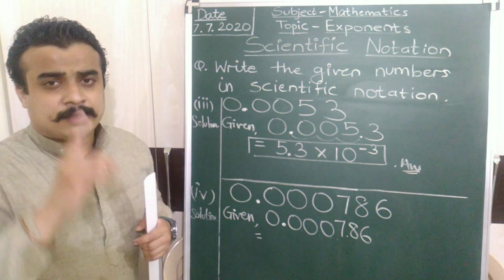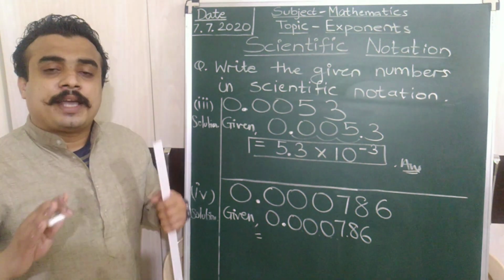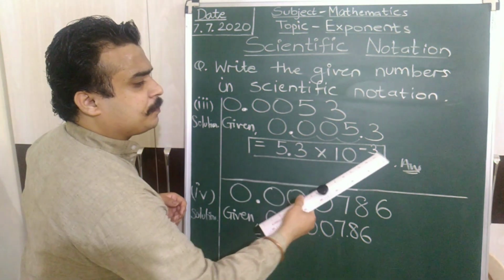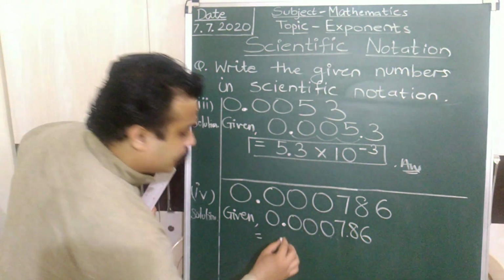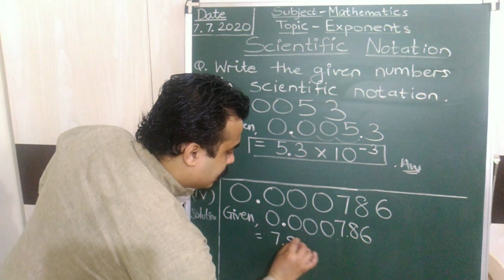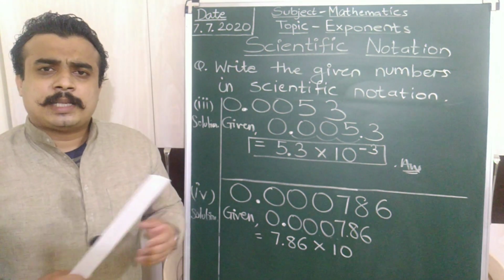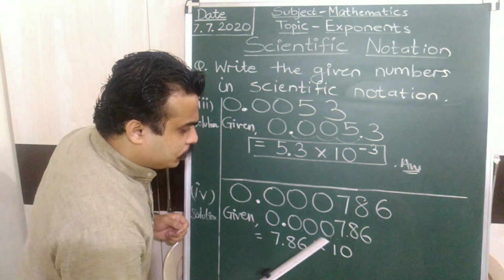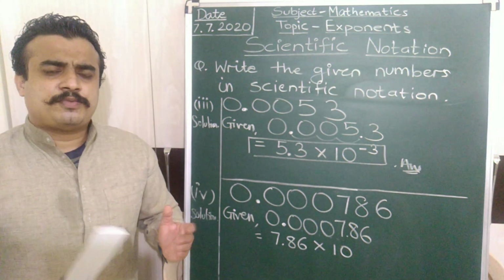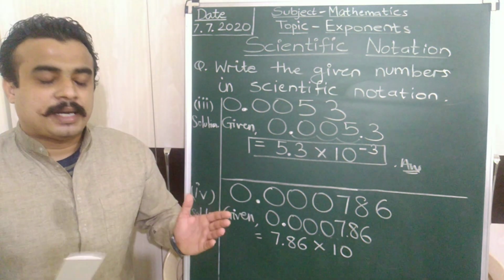That means what will the exponent be? Yes, negative. Exponent means power. Okay. So 7.86 into 10 raised to the power, how many steps did we move? 1, 2, 3, 4 steps. +4 or -4? -4.